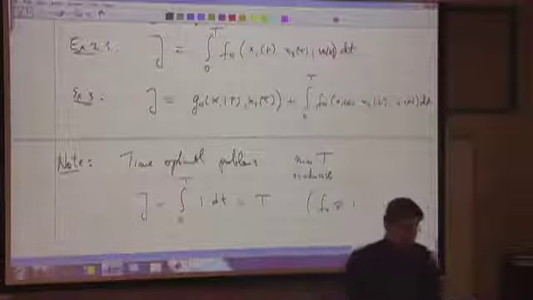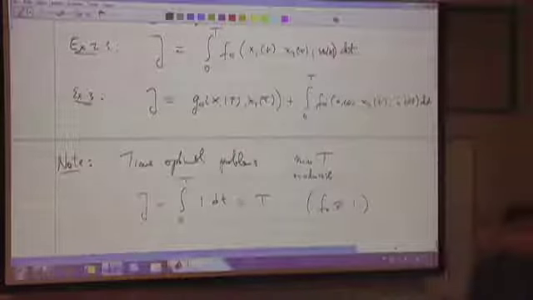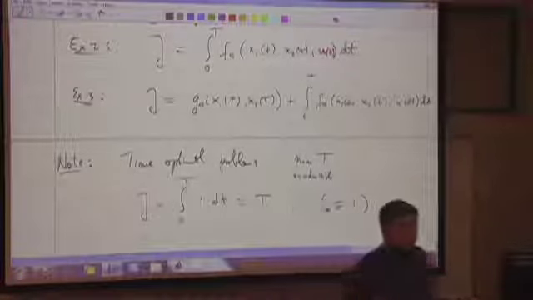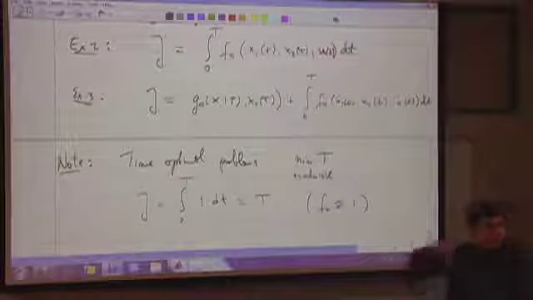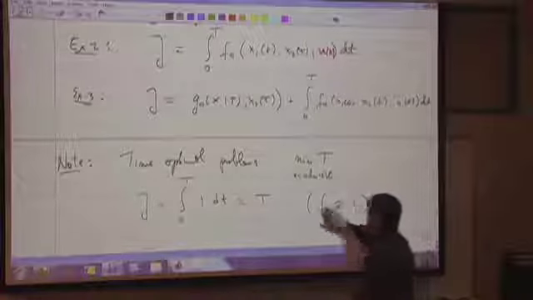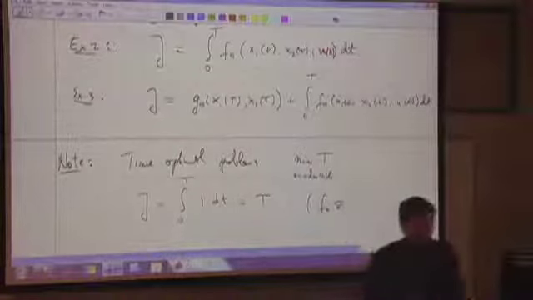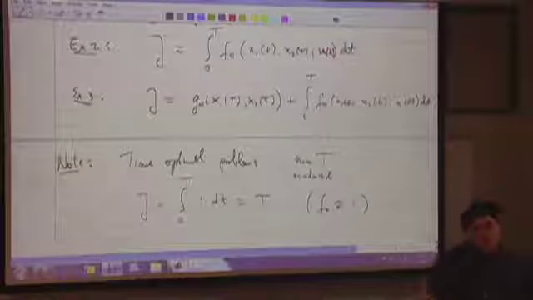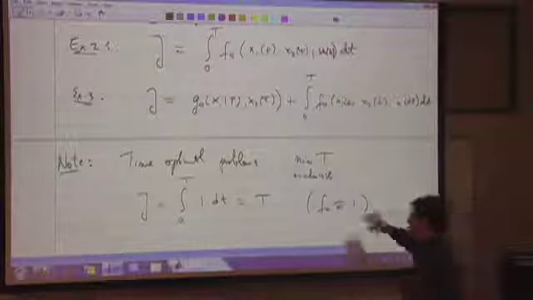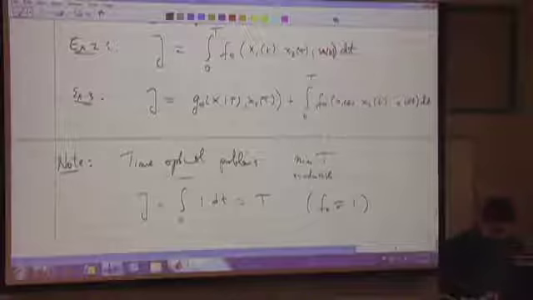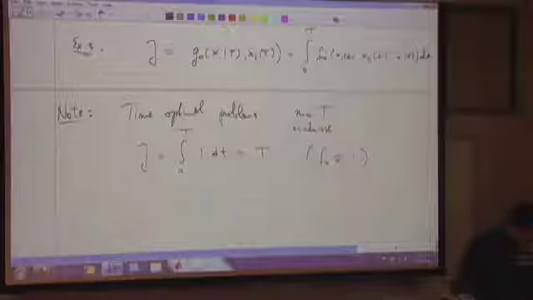Again, we said it could depend on x1, x2, and u, but it may also not depend on some or all of them, right? So if I pick f naught to be 1, then the integral is just the capital T, and then I'm minimizing T, or maximizing minus T, and you can play things around with that.